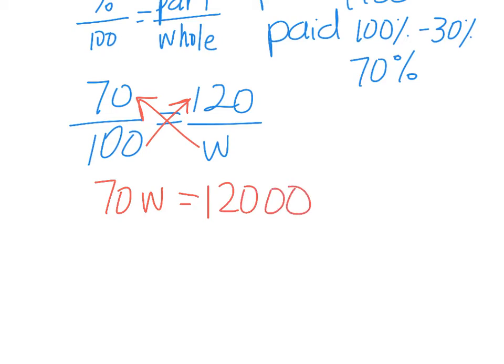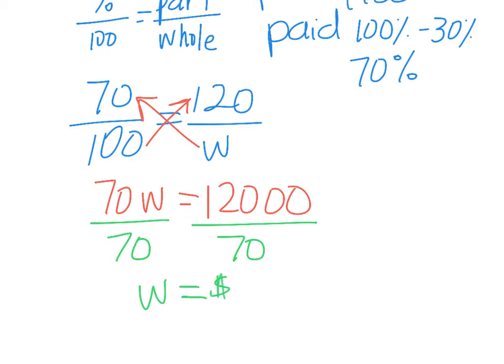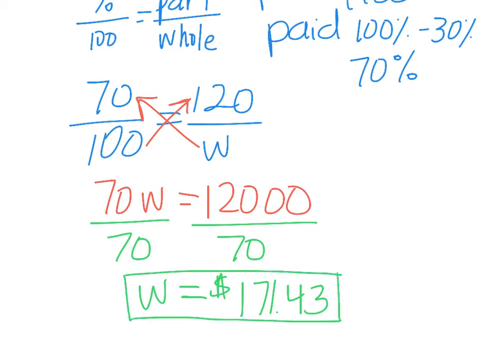And then we divide both sides by 70. That undoes the multiplication. That's our inverse operation. And W equals 171 and 42.8 cents. So we'll round to 43 cents. So that's the original amount of the skateboard.